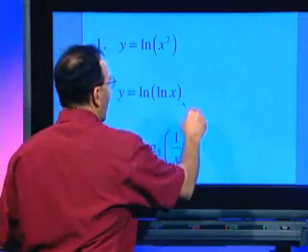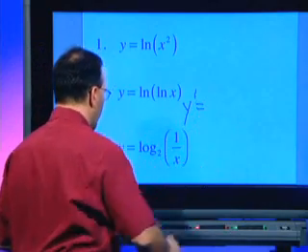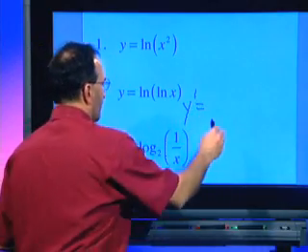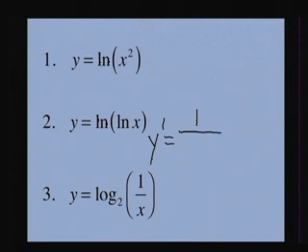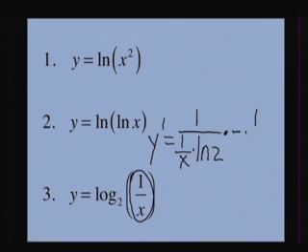So y prime for this is going to be equal to 1 over x times the natural log of 2. And then we have to multiply that by the derivative of this, which is going to be -1 over x squared.